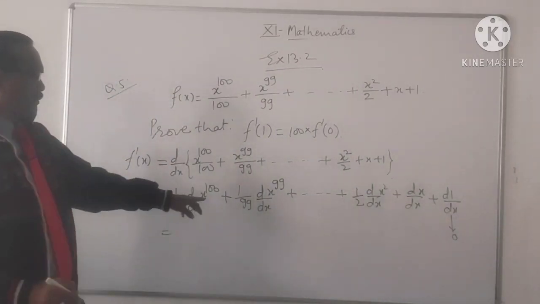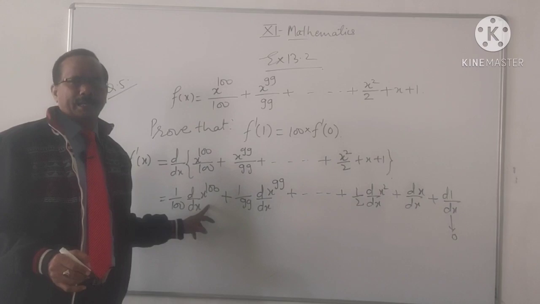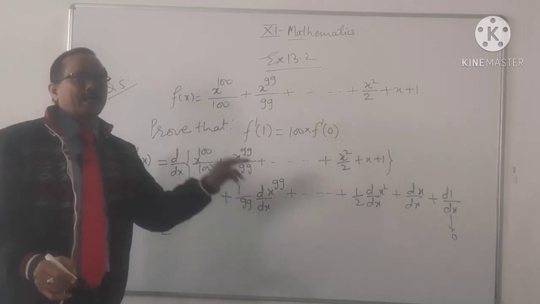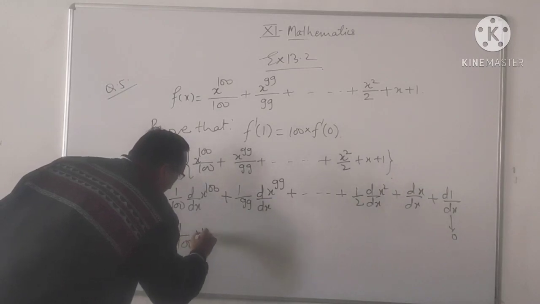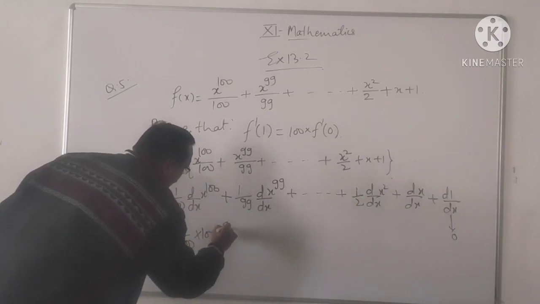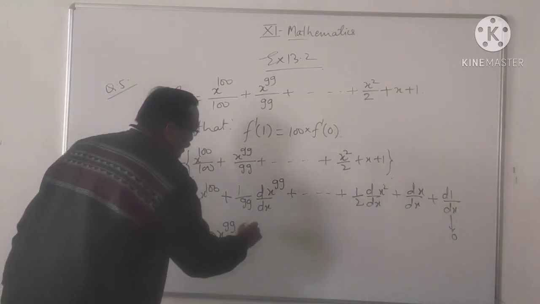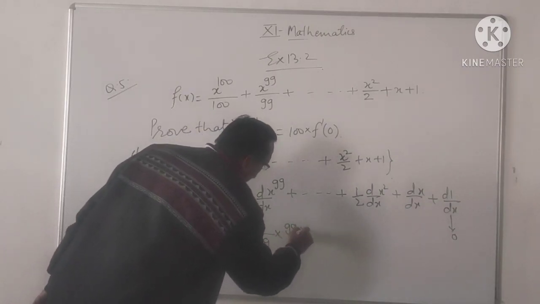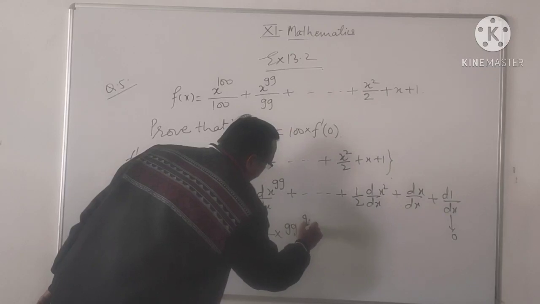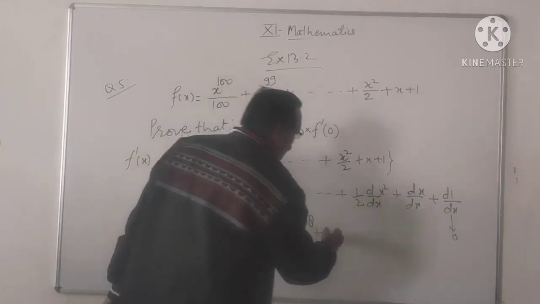Student, here we will use the formula x power n. It is n x power n minus 1. So it is 100 into x power 99 plus 1 upon 99 into 99 into x power 98 plus and so on.